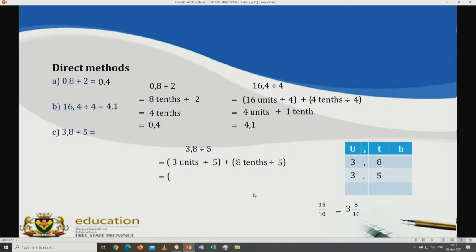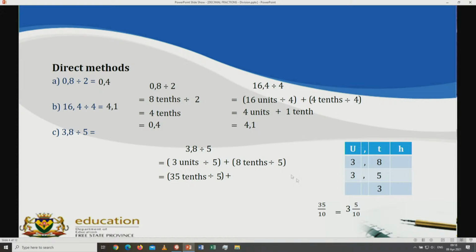So we are going to have 35 tenths divided by 5 plus, remember, after you have taken 35 tenths, you are left with 3 tenths.